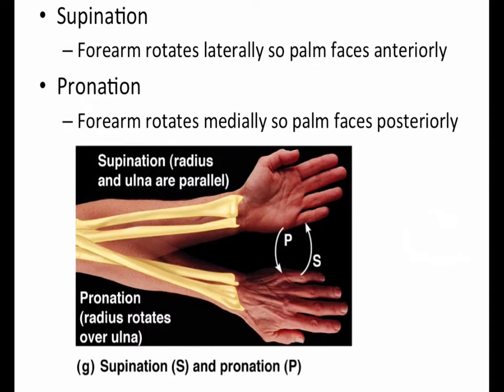Okay, then we move into supination, or supination, if you want to call it that. Supination is when your forearm rotates laterally so that your palm faces anteriorly. Supination occurs in anatomical position. In anatomical position, your radius and your ulna are parallel.